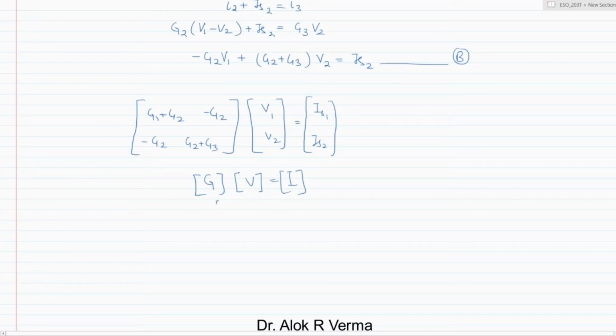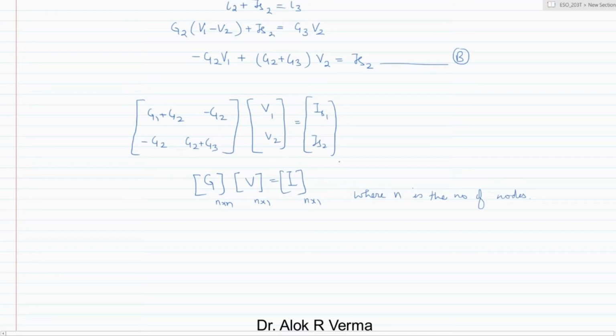The order of this will be n by n. This is n by 1. This is n by 1. Where n is the number of nodes leaving the reference node, because these voltages are calculated with respect to the reference node, which is known as 0.